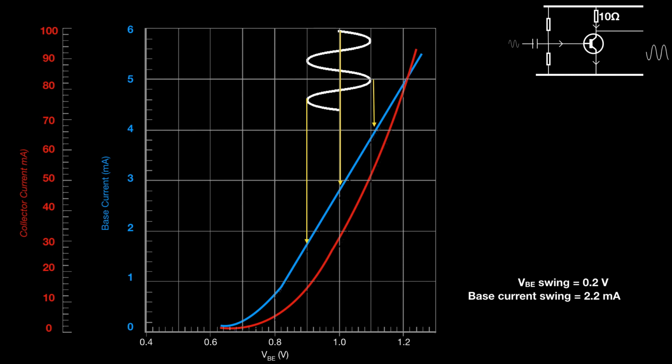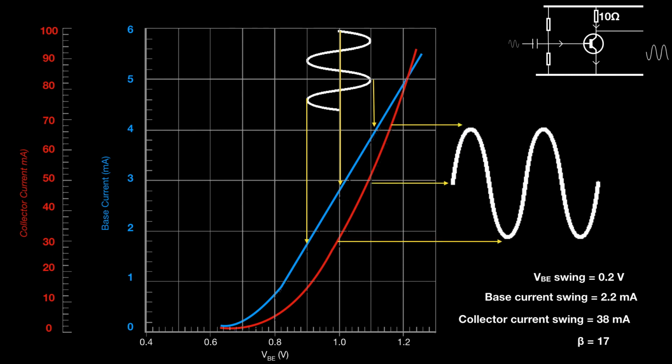And let's see what that'll produce on the output. Well, if we draw off from the collector current curve, we see that we have a swing there of about 38 milliamps. And we know that beta is equal to IC over IB.